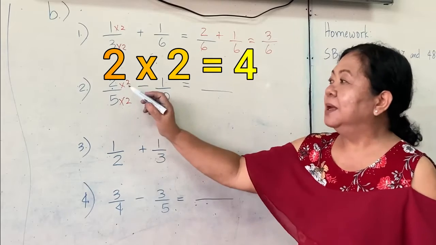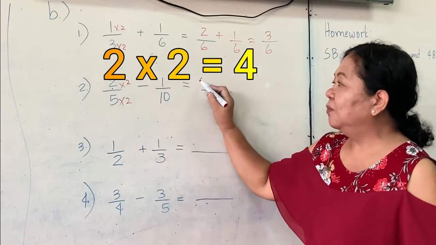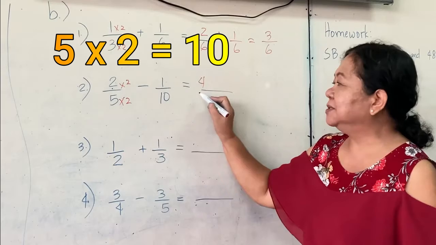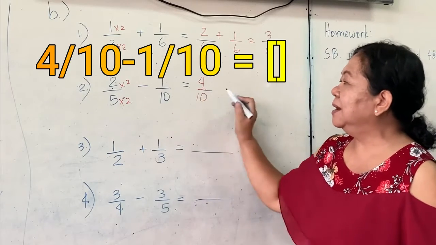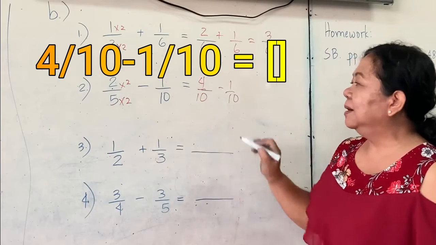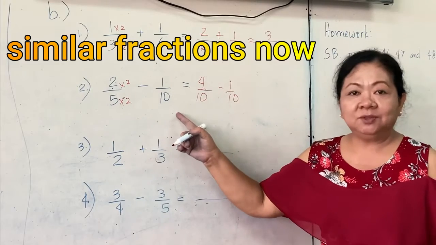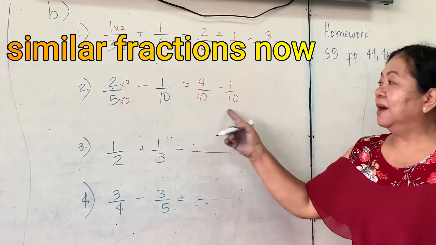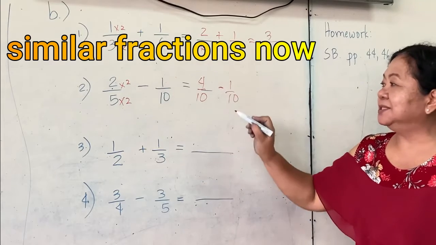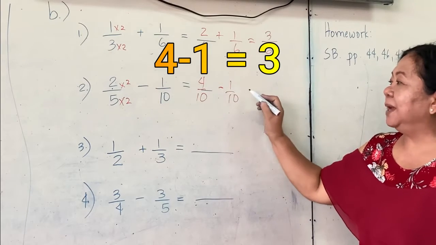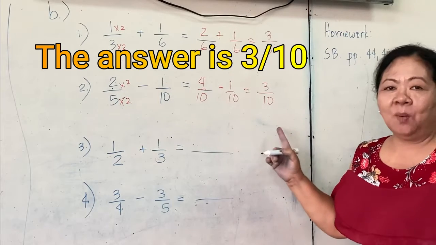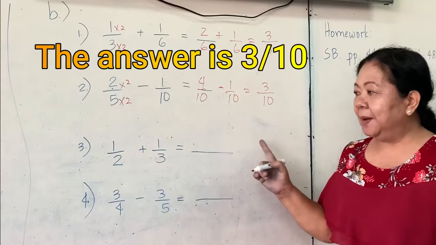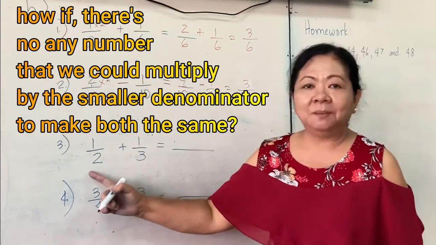So, we have here 2 times 2 is 4. And 5 times 2 is 10. That is the new fraction. And then, minus 1 over 10. This, we don't need to change because they are of the same denominators now. Then, 4 minus 1 is 3 over 10. This is our answer.